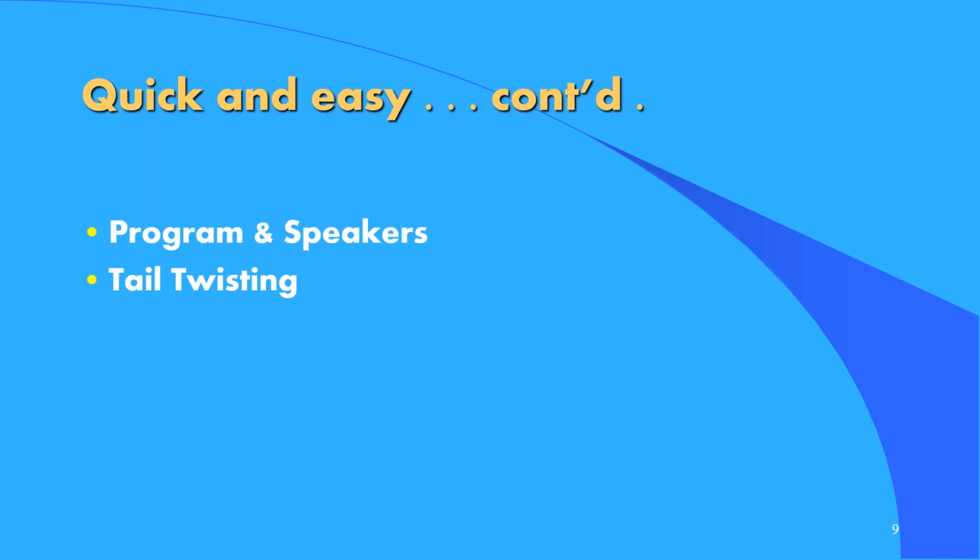So don't use tail twisting in a punitive way. Use it in a way that's going to make people laugh and enjoy themselves. Do you have any ideas of how you could have some good tail twisting and make it fun for the members? If we have any former tail twisters out there, share some of your ideas with us if you would.